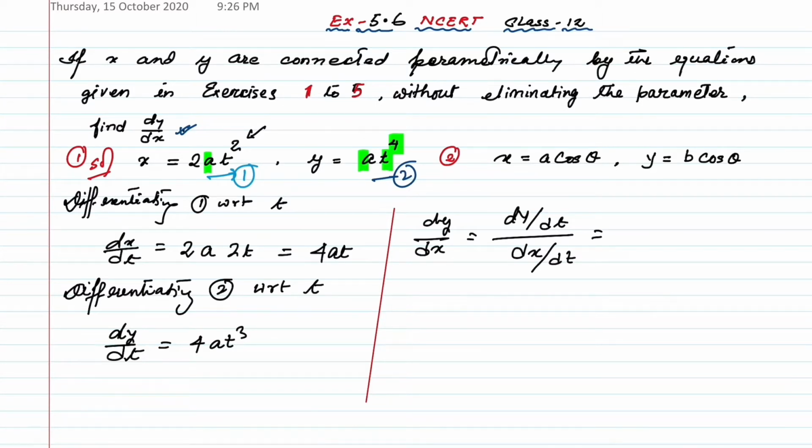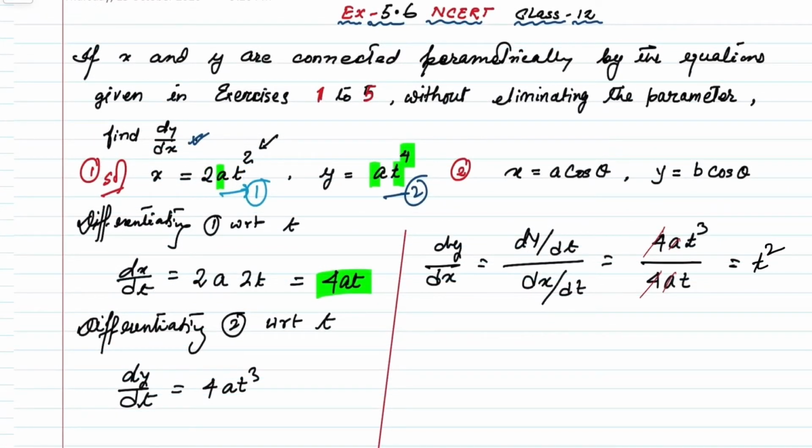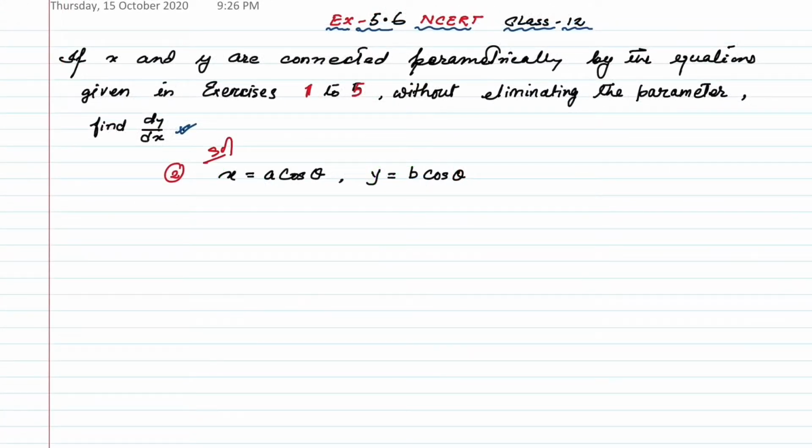So dy by dt is 4at cube and dx by dt we have got 4at, doesn't it? So here 4 gone, a gone, and t cube by t is t square. So let me show you how to solve question number 2.